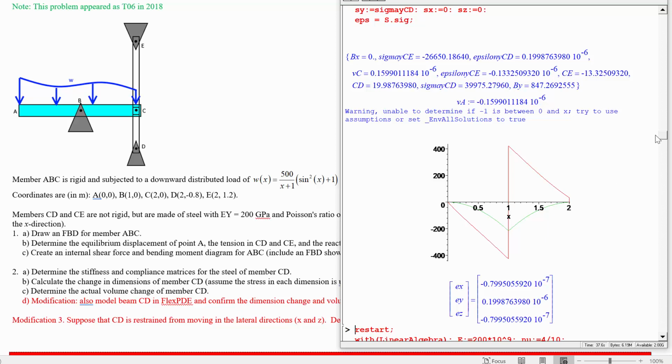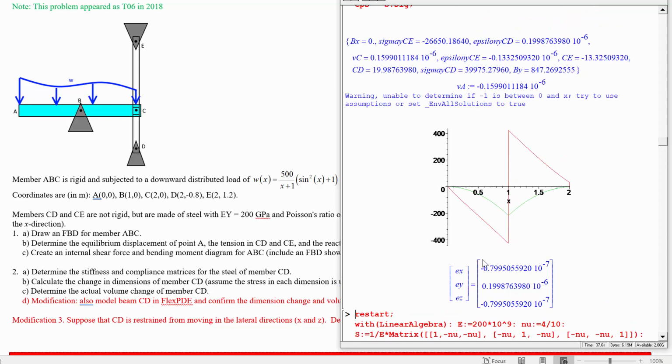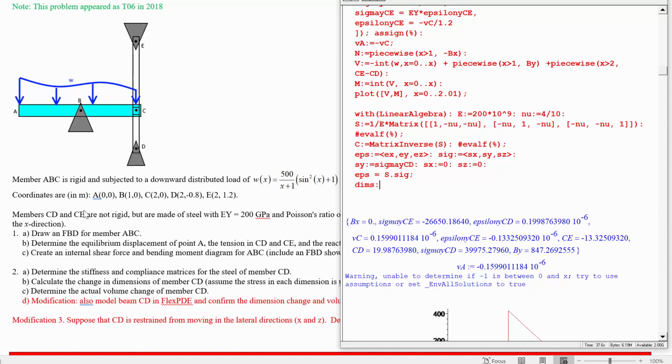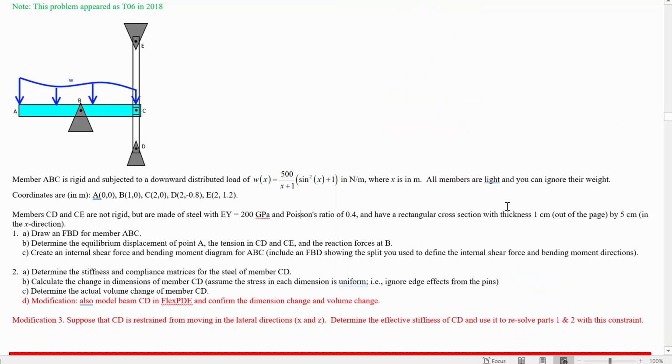To find the change in dimensions, we're going to need to multiply each of these strains by the dimension that the beam had in X, Y, and Z. Okay, so we can form the dimensions original vector by going and putting in the dimensions.